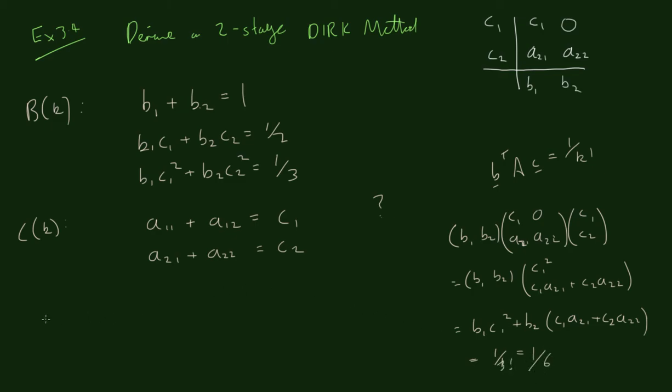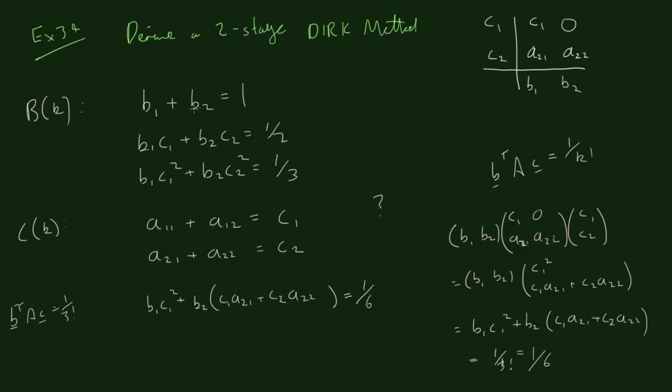So our last order condition, which came from B transpose A times C, was 1 over 3 factorial. That is equal to B1 C1 squared plus B2 times C1 A21 plus C2 A22, and that's going to be equal to 1 over 6.